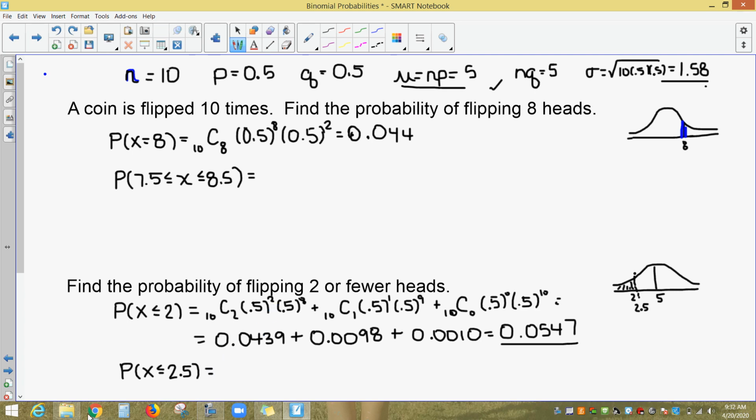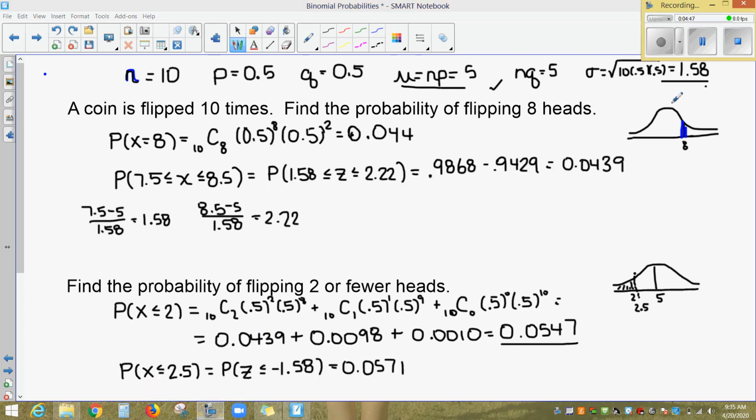Go ahead and pause the video and do those two things and see how close it is to the actual exact answers that we found. So between 7.5 and 8.5, the z-scores are 1.58 and 2.22. If we find that area between, that's exactly what my calculator told me up here. So this was a pretty good approximation.